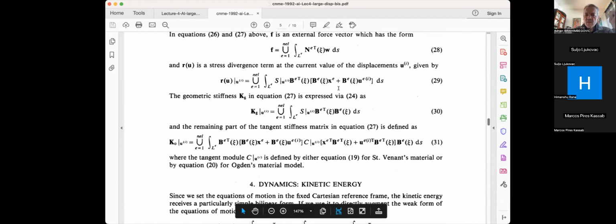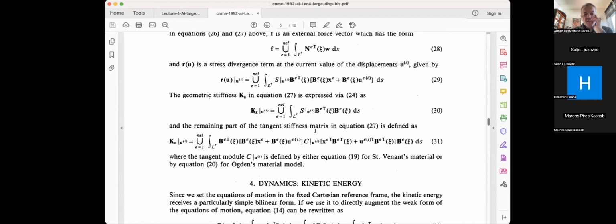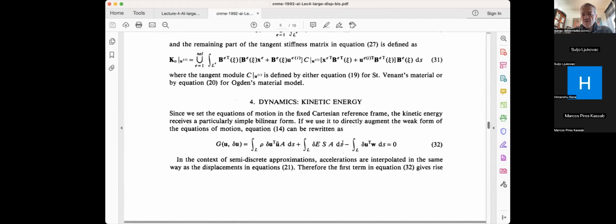So you can see that the material part is this B transpose times C times B. You can have like a nonlinear contribution of the strain appearing here. And geometric part is B transpose B times the value of the stress tensor. You can go into dynamics simply by putting a Lagrangian formulation. You put inertial effect in the fixed frame.